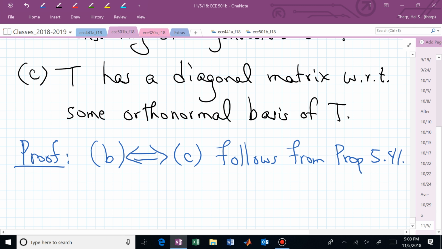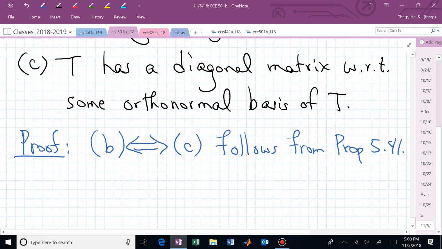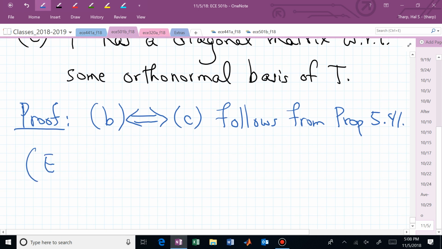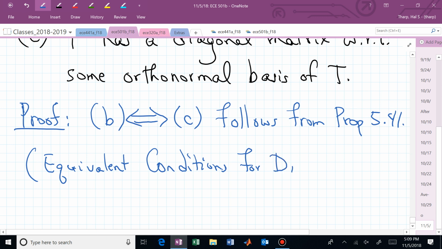Now it's orthonormal because we can make them that, but 5.41 tells us we have a basis of eigenvectors, then we can diagonalize that linear map. So this is now B and C are equivalent conditions for diagonalizability.